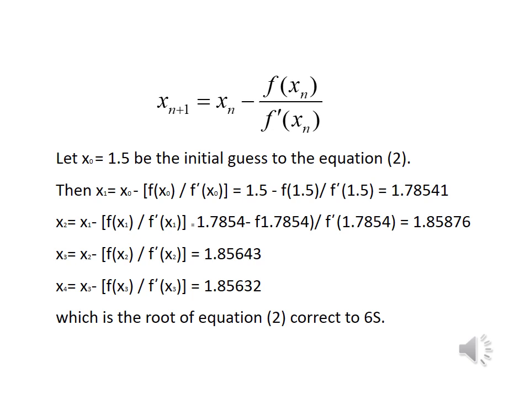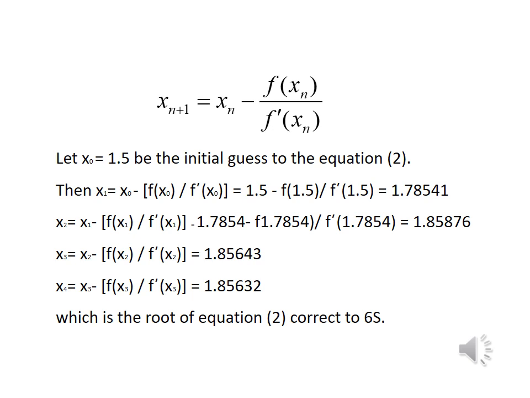With x naught equal to 1.5, substituting, we get 1.78541. Now take n equal to 1, then x2 equal to x1 minus f of x1 divided by f dash x1. x1 was received in the previous step, so you substitute that and finally get x2. Proceeding like this, you get x3 and x4, etc.